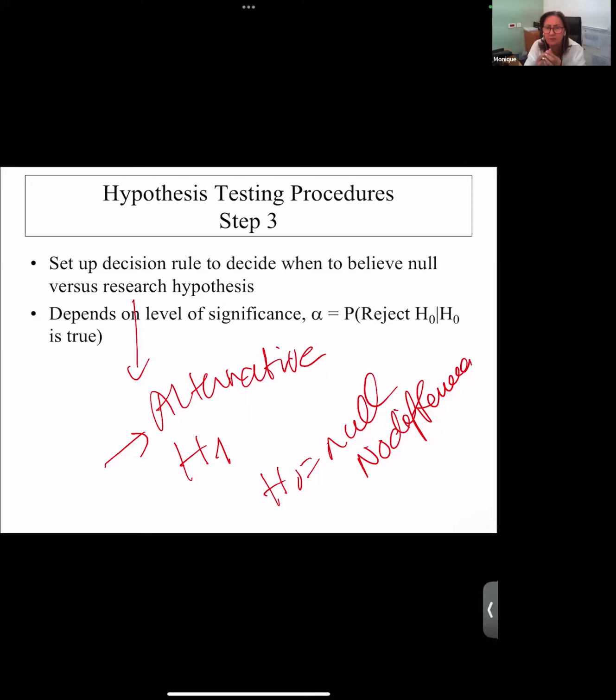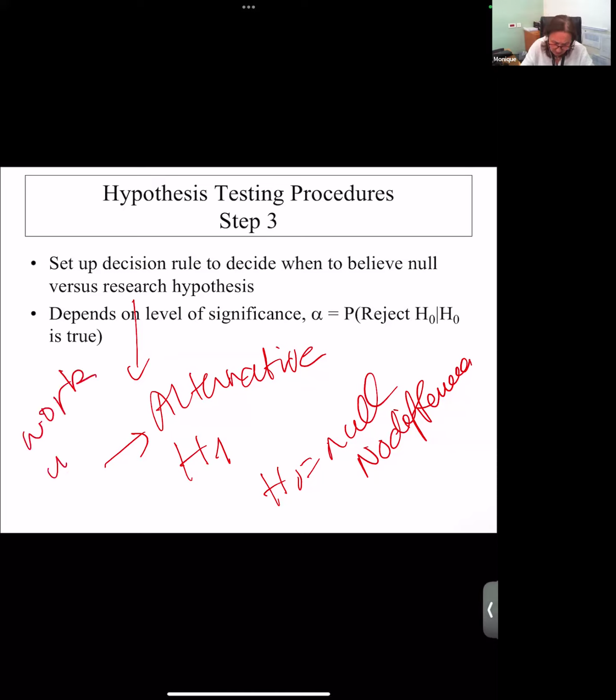It depends on the level of significance, so how confident I am in that particular answer. And then there's something called alpha, which is the probability of rejecting H0 if H0 is true. What does it mean? For hypothesis testing, I always work under H0.